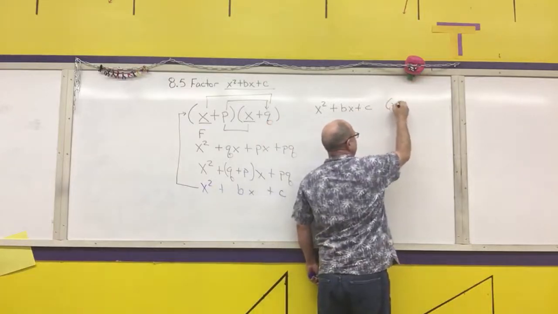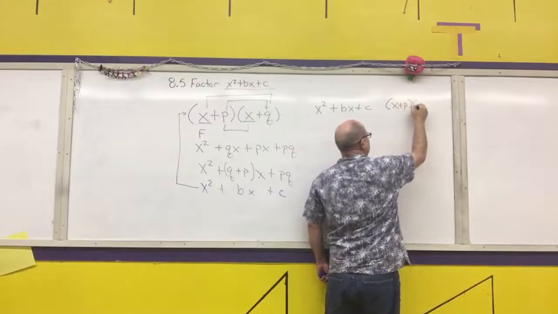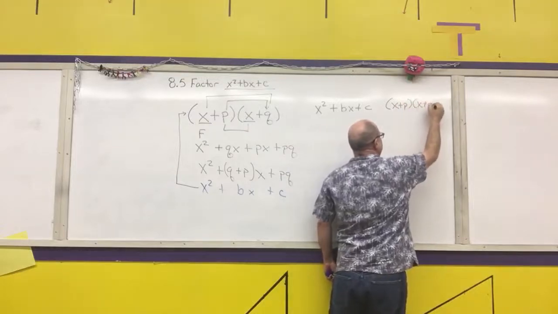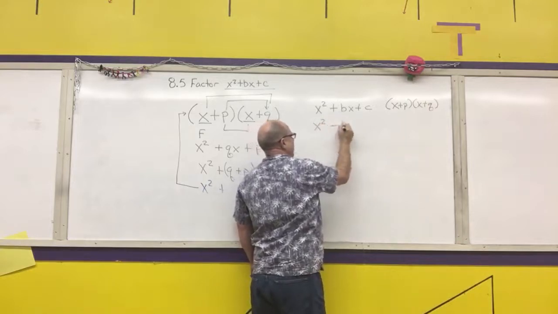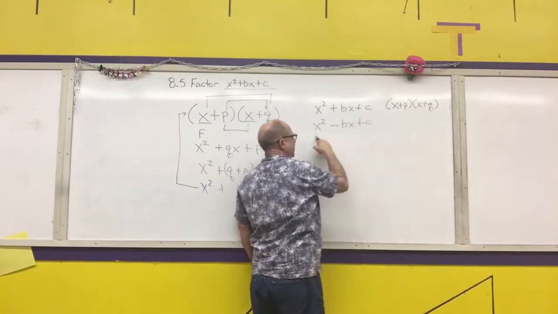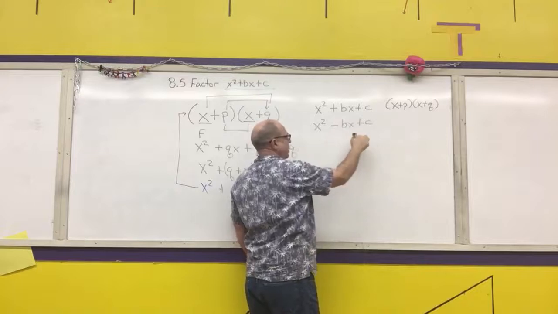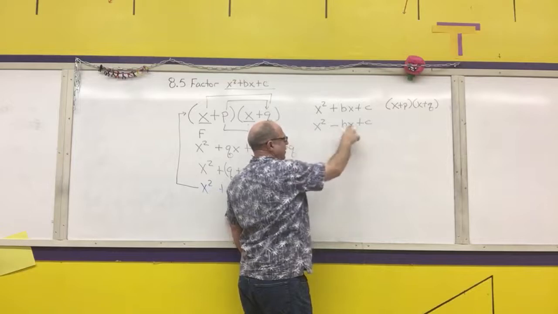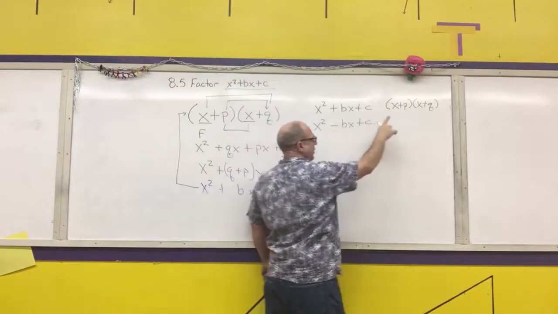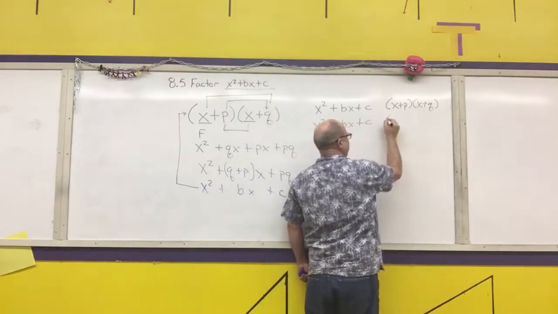So in this case, they'll have x plus p times x plus q. Similarly, this pattern, x squared minus bx plus c: two numbers that multiply to a positive have to have the same sign, but they have to add to a negative, therefore both signs have to be negative.